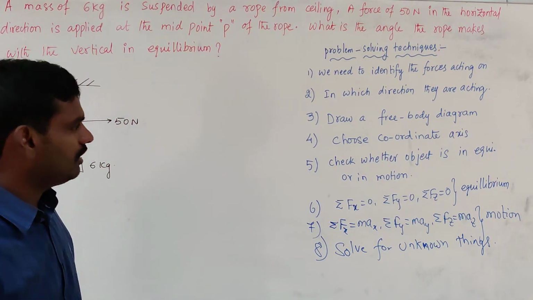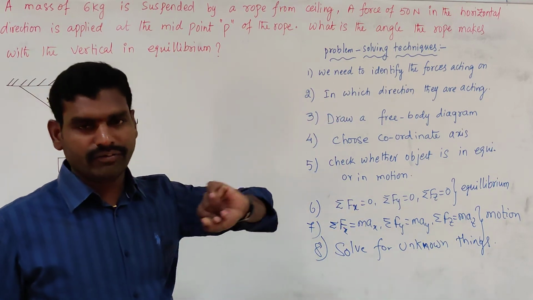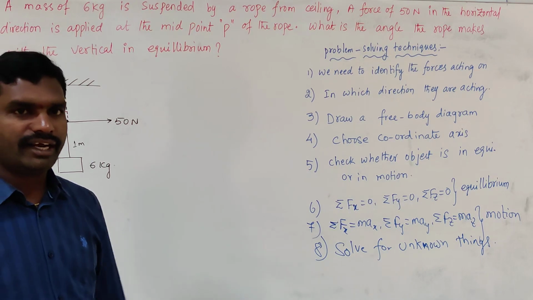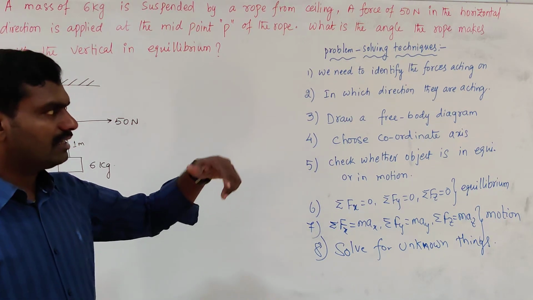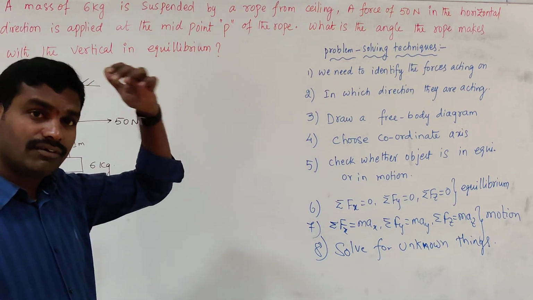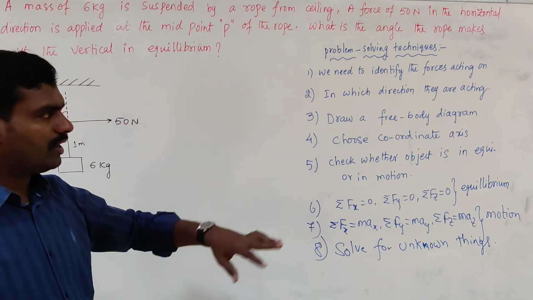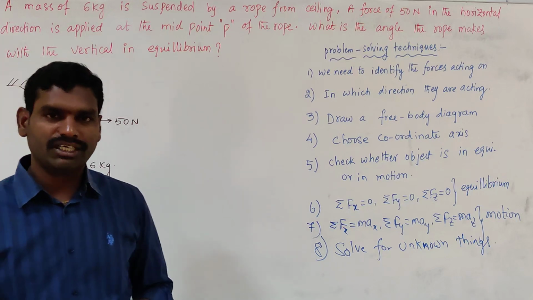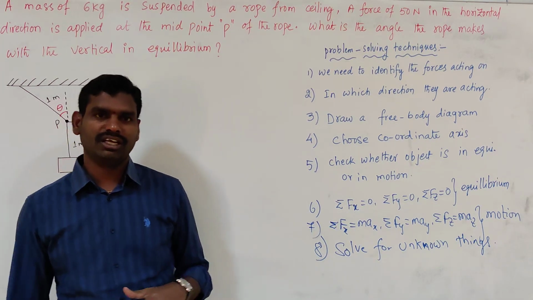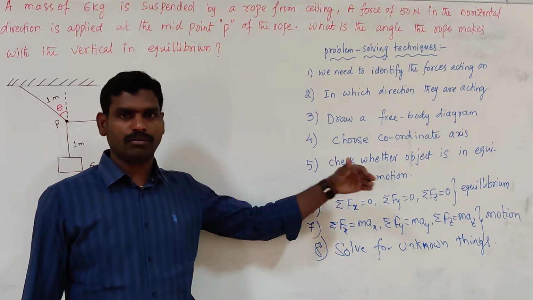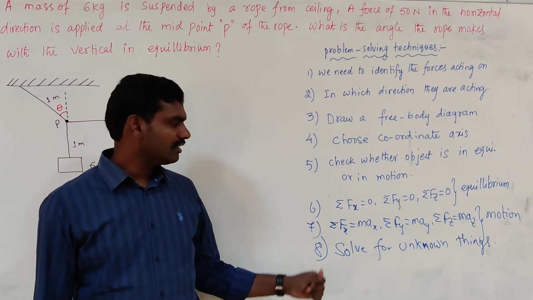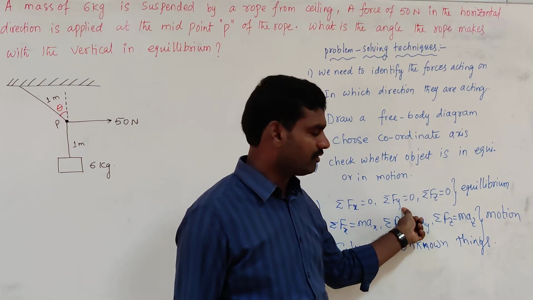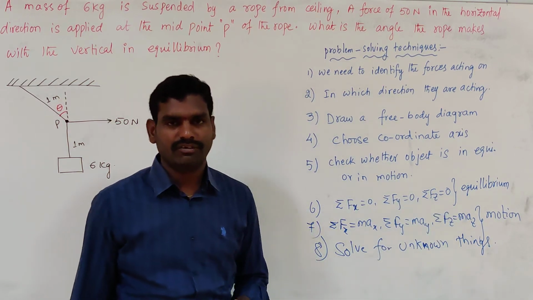First one, we need to identify the forces acting on the object. Second one, in which direction they are acting is important. And then resolve it into components. Then draw a free body diagram, choose the coordinate axis, and check whether the object is under equilibrium or in motion. If the object is under equilibrium, we need to apply Newton's first law of motion, that is sigma fx equal to 0, sigma fy equal to 0, and sigma fz equal to 0.